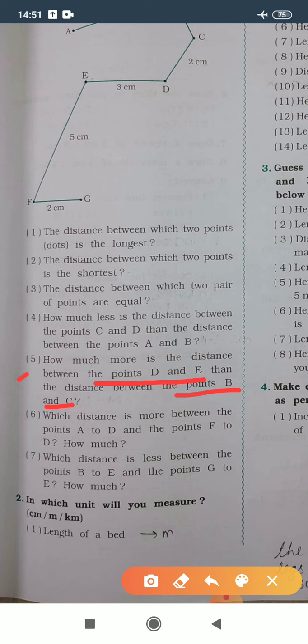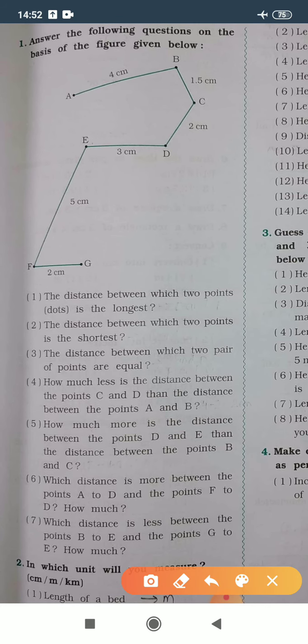That means the distance of D and E is more as compared to points B and C. So how much more the distance is, for that we need to subtract their distances. So let's see the distance between the points D and E. D and E is 3 centimeter, and the points B and C, B and C is 1.5 centimeter.